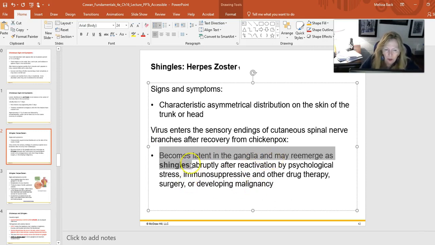Some people have a very hard time during the outbreak of their shingles that can last weeks.